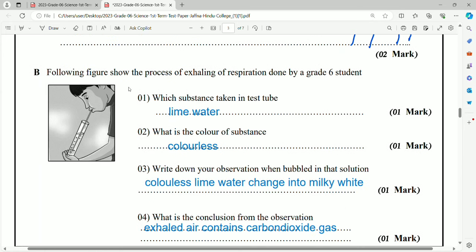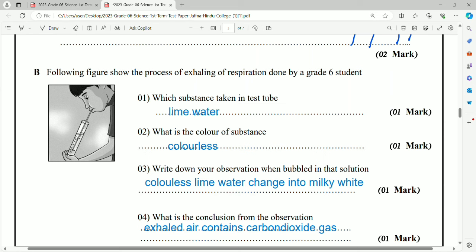Then move to question B. The following figure shows the process of exhaling in respiration done by grade 6 students. Which substance is taken into the test tube? When we pass exhaled air into the colorless lime water, what will happen to it? The colorless lime water will change into milky white or off-white.